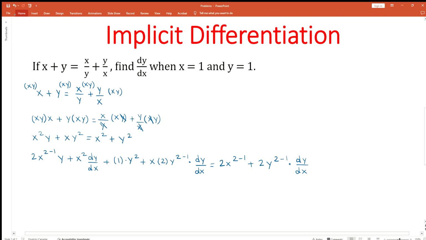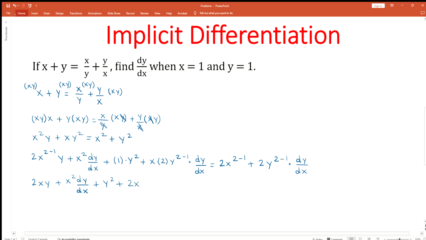Now we can simplify the terms. In the exponent, 2 minus 1 is 1. X to the power 1 is just x. One times y squared is just y squared.